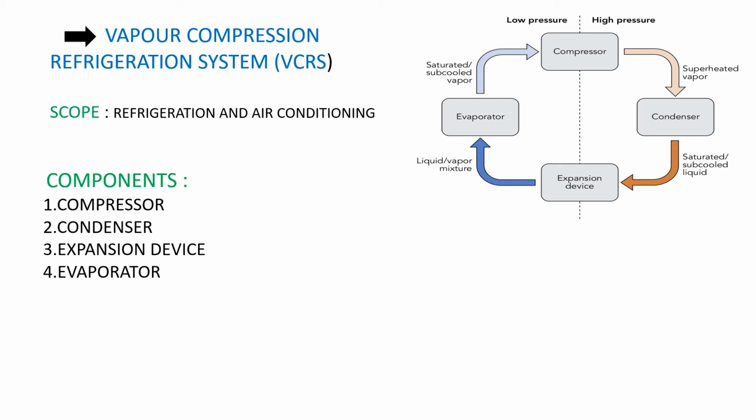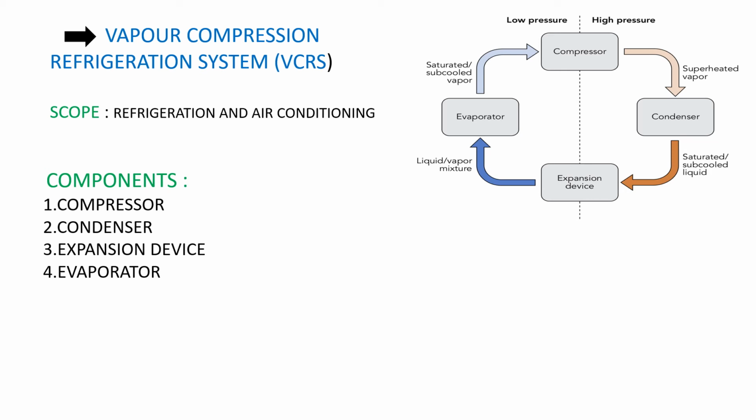At the end of the evaporator, we get vapor, which was turned from the liquid after collecting heat from the surroundings. So at the end of the evaporator we get saturated vapor, which is then sent to the compressor in the low pressure form, which was reduced at the time of expansion.